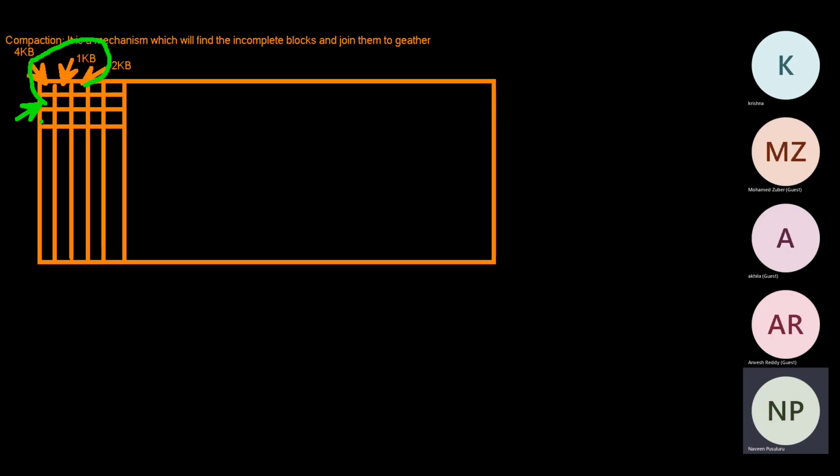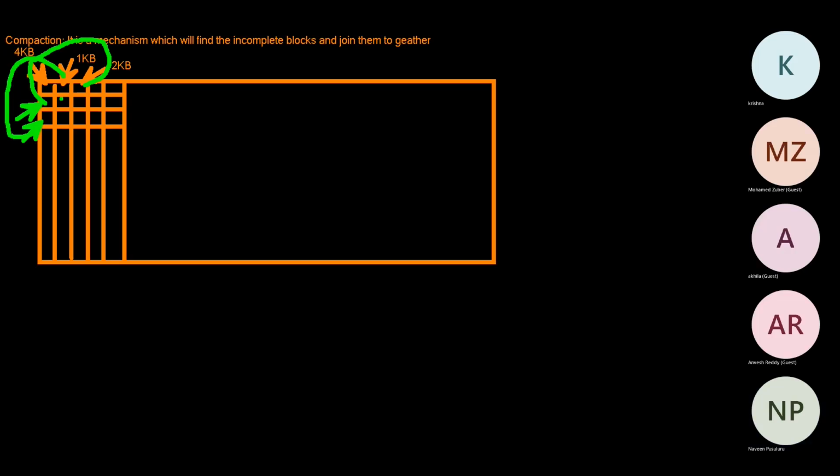Now it will search for a block which contains 3 KB or something like that. If it finds a 3 KB block, it will merge the 1 KB block and the 3 KB block and make a 4 KB block, so that another block is freed, and I'll get 4 KB of space savings. This is how compaction will work and will save space and give free space.